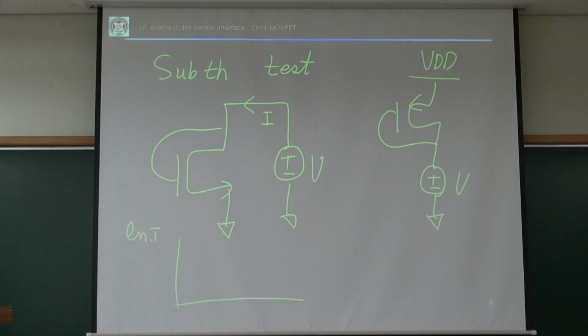This log I versus V. So if for certain W over L, this is my target current, I target. If it works in this linear region, it works in the subthreshold. If I reduce my W over L, say it will be something like that, right? So it works in a strong inversion, right? So my W over L should be large enough for subthreshold operation. Okay? Yeah, you can test it by SPICE simulation.